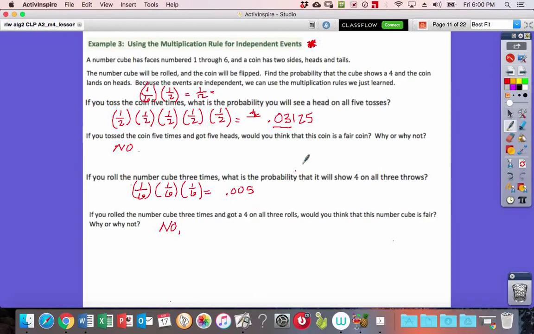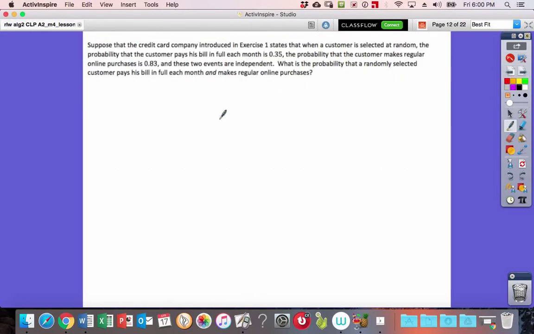Okay, let's look at some other examples. Suppose that a credit card company introduces an exercise. When a customer is selected at random, the probability that the customer pays his bill in full each month is 0.35. The probability the customer makes regular online purchases is 0.83.